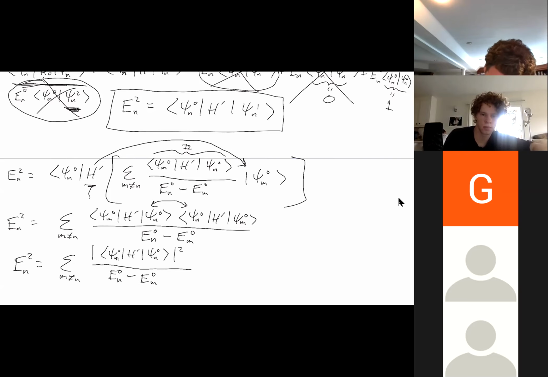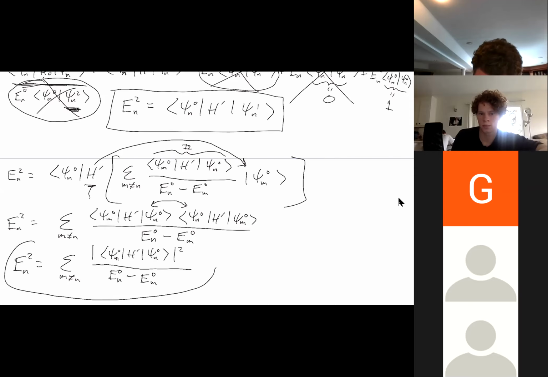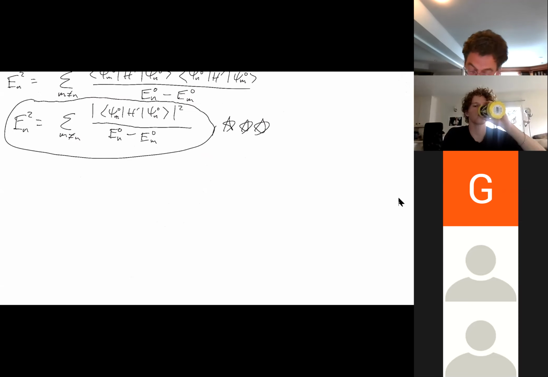And that is the answer. We put a little circle around it. So this is another very famous formula, and it gets 3 stars. It's a very important formula. People use it all the time. And so, okay, that's the second order correction.